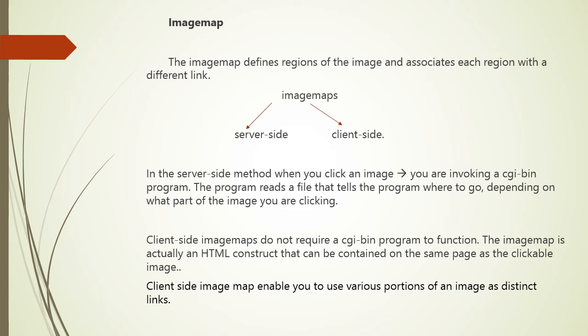Client-side image maps enable you to use various portions of an image as a distinct link. The maps work only over the HTTP protocol. An alternative link needs to be made to enable the files to be accessed via alternate protocols.